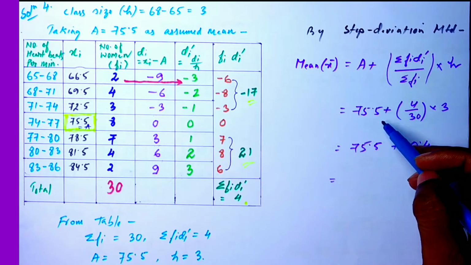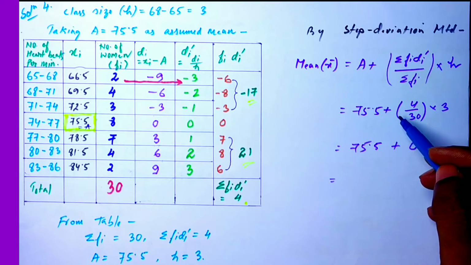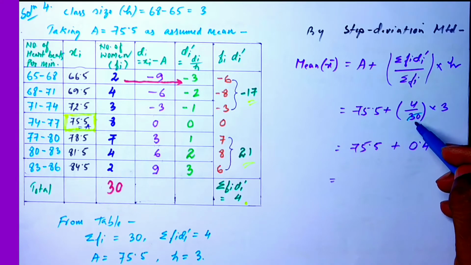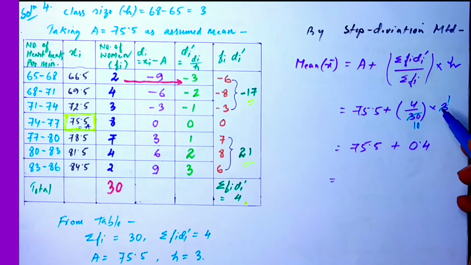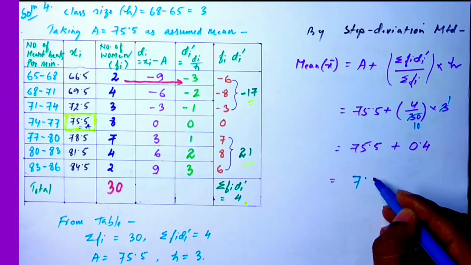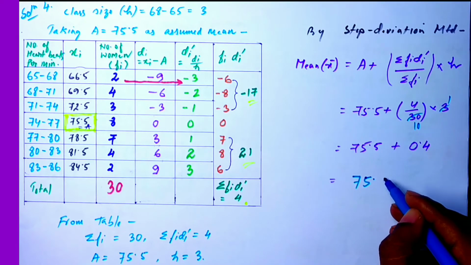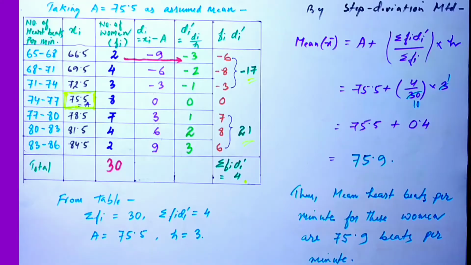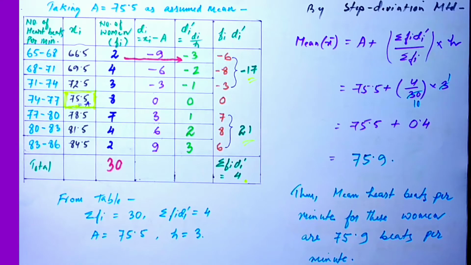We put the value: 75.5 plus 4 by 30 into 3, so 4 by 10 is 0.4, which is 75.9. This is our answer. Therefore the mean heartbeats per minute for these women are 75.9 beats per minute.